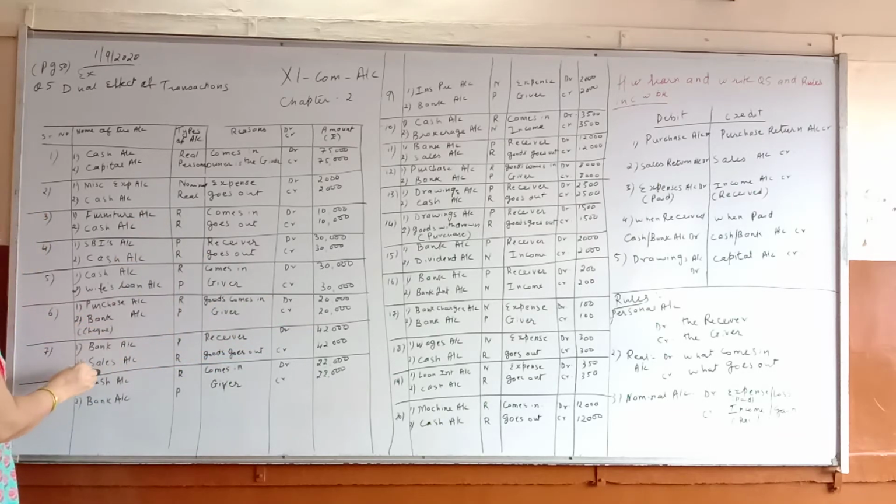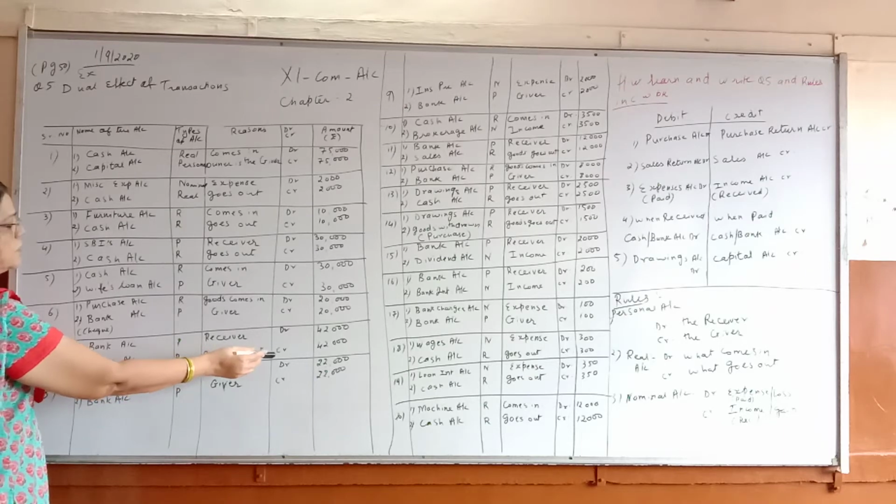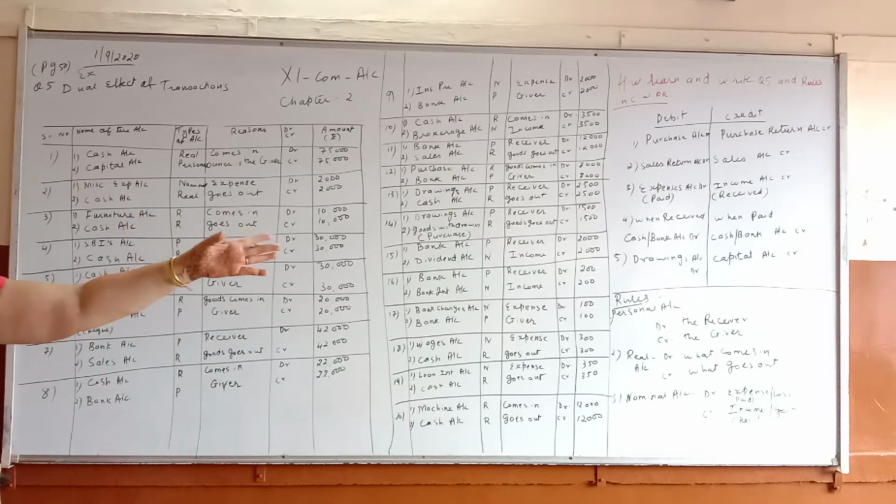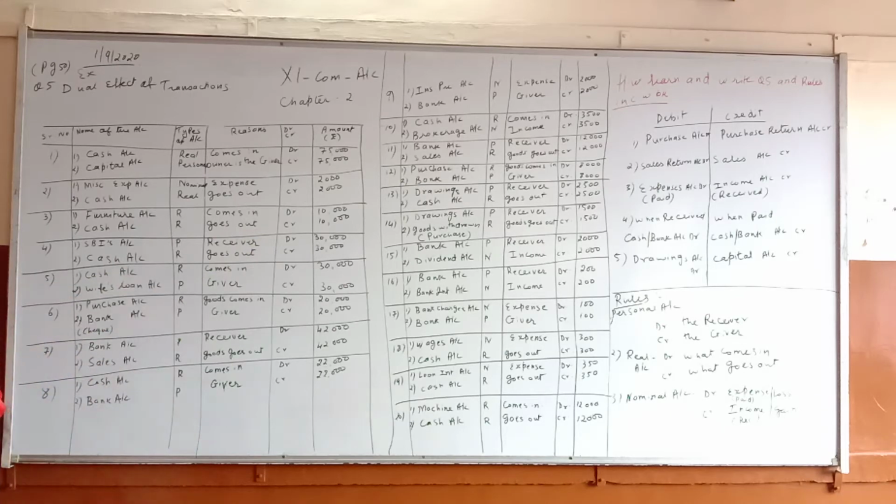Second account is sales. Sold goods is real account and goods goes out. Credit 42,000. When you sell goods, goods are going out. So always sales account will be credited. Always. Even if you don't apply the rule, you can learn. Sales account is always credited because goods are going out. That is the rule which we have applied.